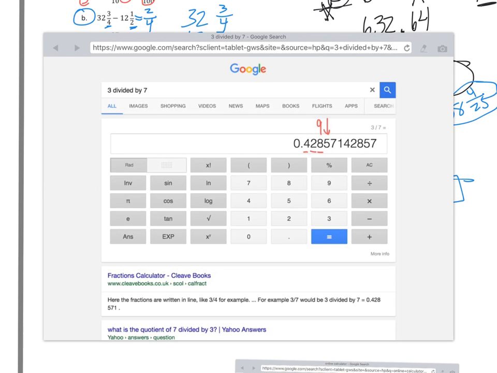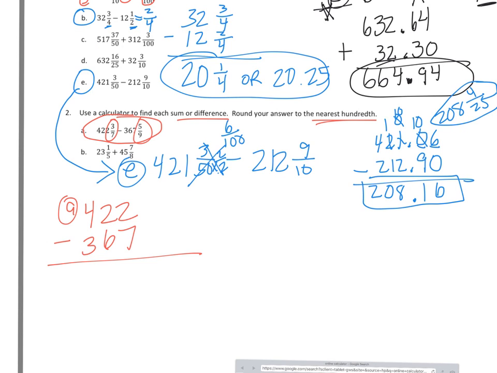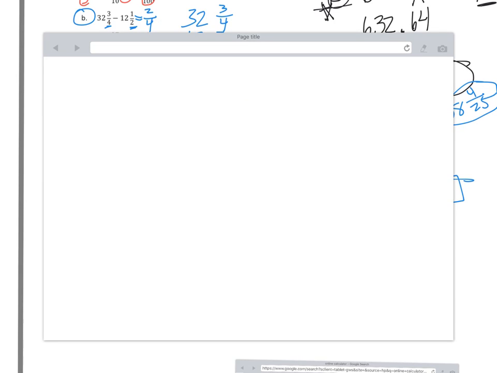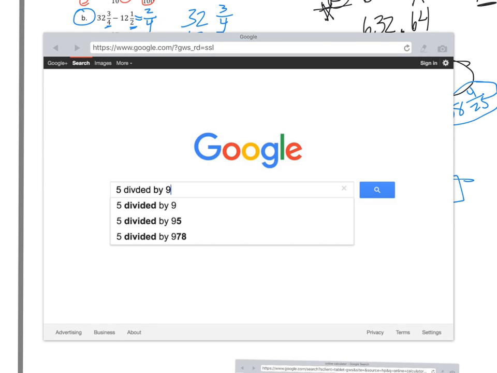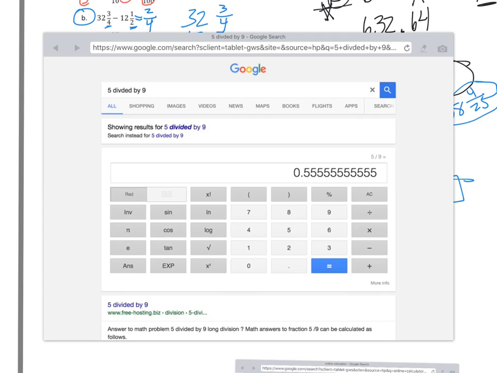That's what I'm going to use. So I'm going to go back to my number, and I'll put 429 thousandths. Now I have to do the exact same thing for 5/9. So again, I'm going to use my web browser, and I think it was 5 divided by 9, I hope. And it looks like it's just decimal point and a bunch of 5s.